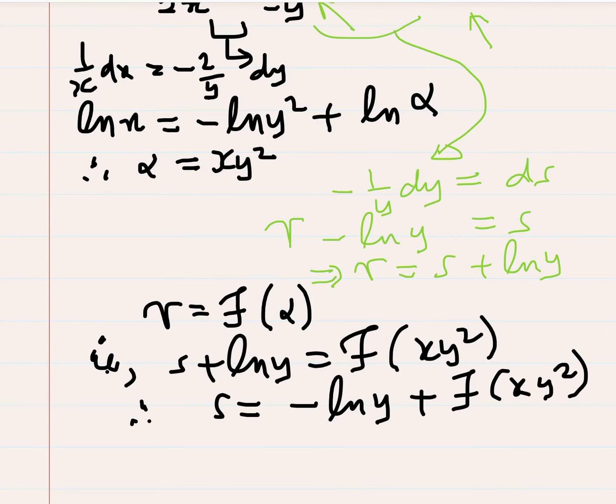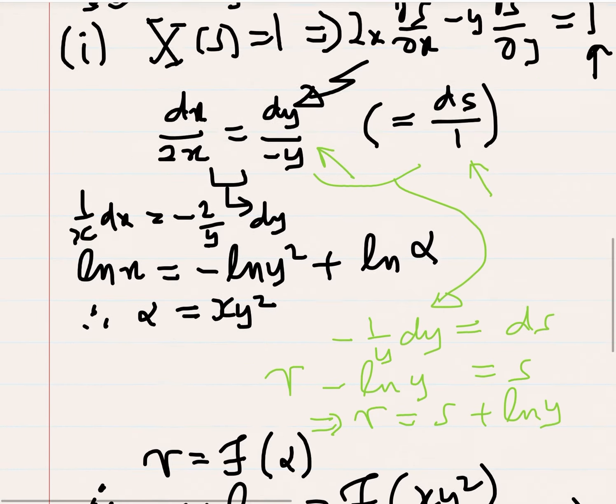Since curly f is an arbitrary function, we may choose f in this case to be conveniently the zero function, so we can choose s to be equal to minus the ln of y.